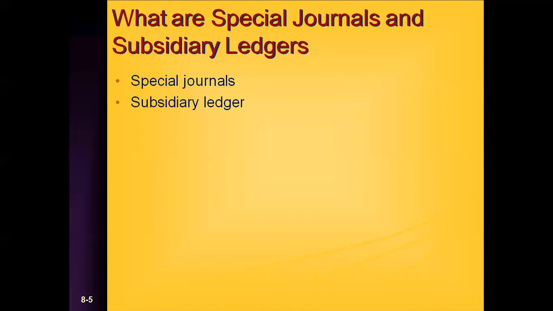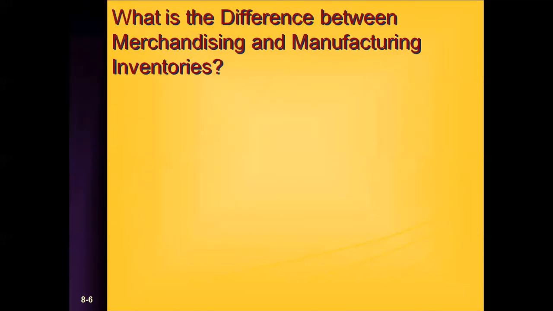Okay, let's move on to inventories. There are basically two types of inventories: a merchandising inventory and a manufacturing inventory. Merchandising, as you might suspect from the word, has to do with primarily retail stores.